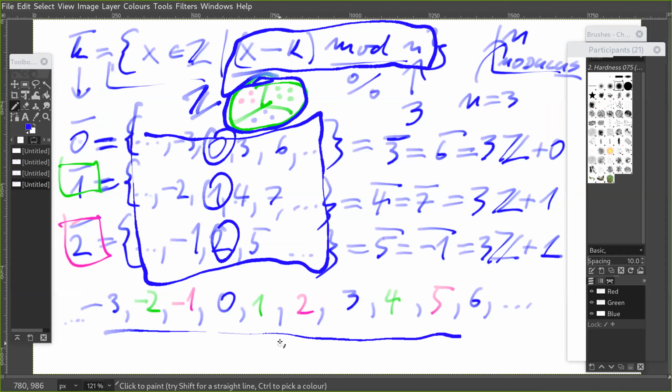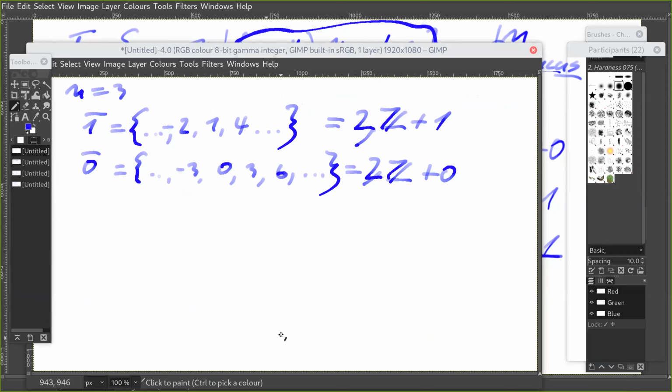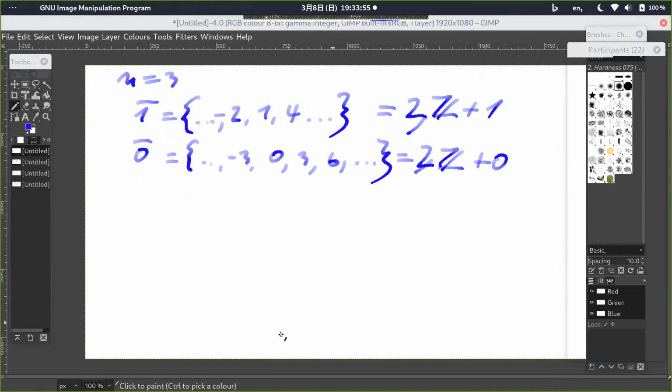I think for finding the remainder it's easier if we use 1, 2, and 3, so that we know that 1 is every number that has remainder 1 when divided by 3, and 2 is every integer that has remainder 2 when divided by 3.